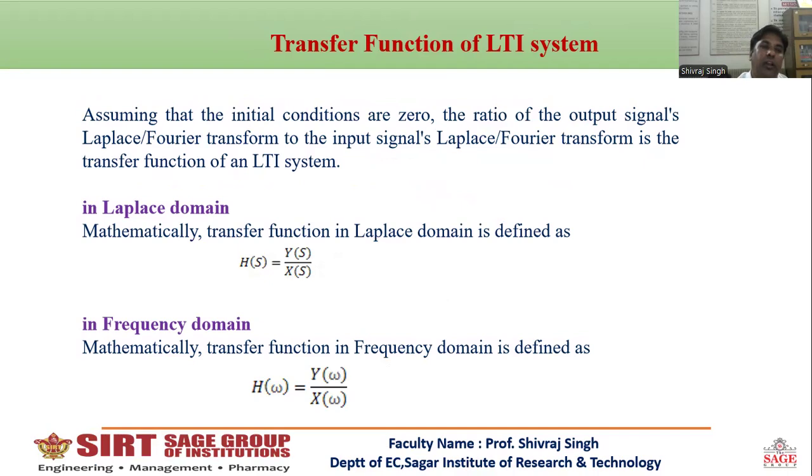Mathematically, in Laplace transform, the transfer function or system function is given by y of s upon x of s. In terms of Fourier transform, it is represented by h of omega equal to y of omega upon x of omega.